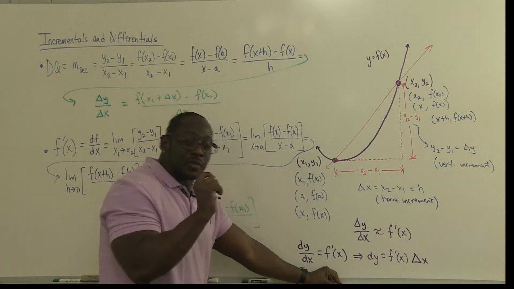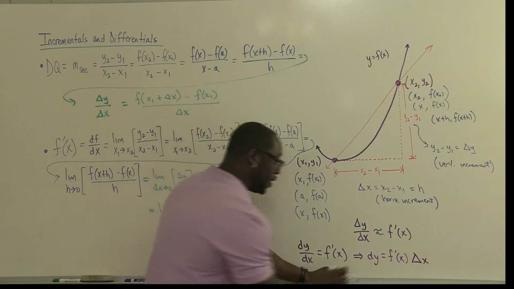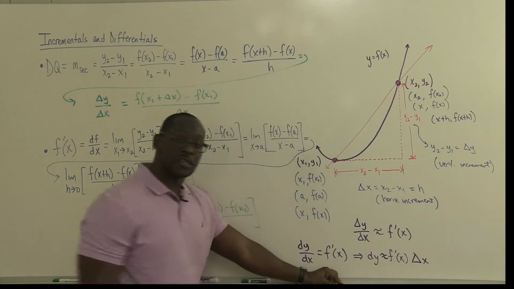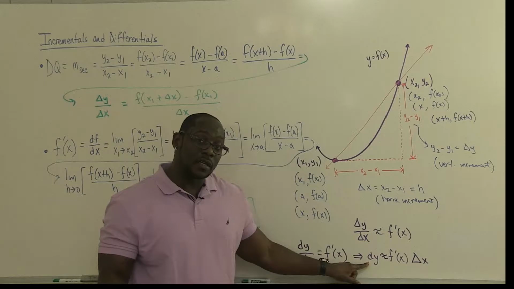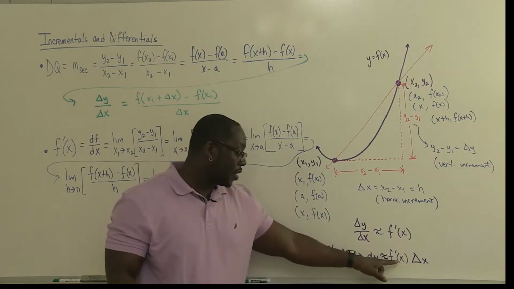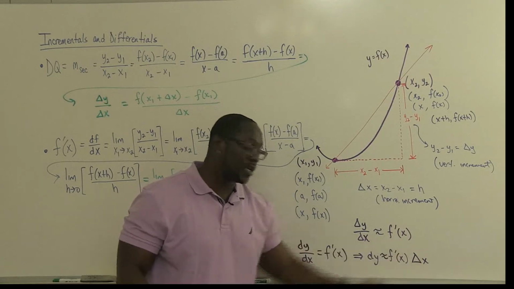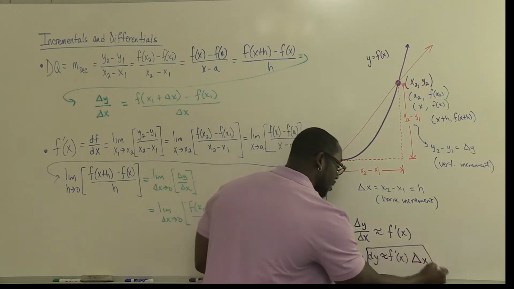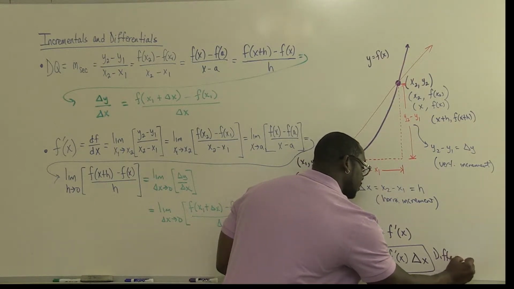Something not what we call infinitesimal, but small enough to give you a good approximation. Then we could say this, that our differential, we could get a good approximation of that by taking what the derivative of the function actually is and then multiplying it times delta x. And so this is what our differential actually ends up being.